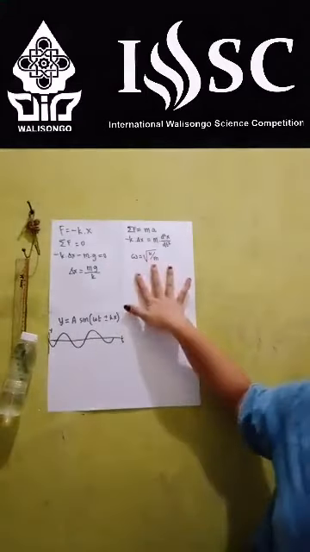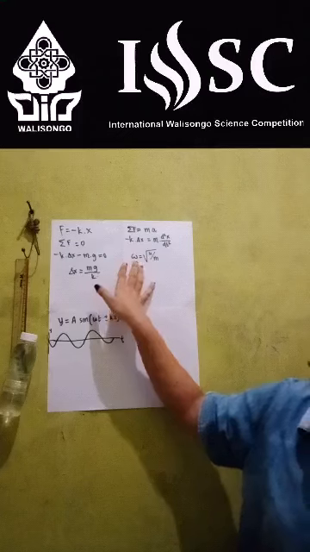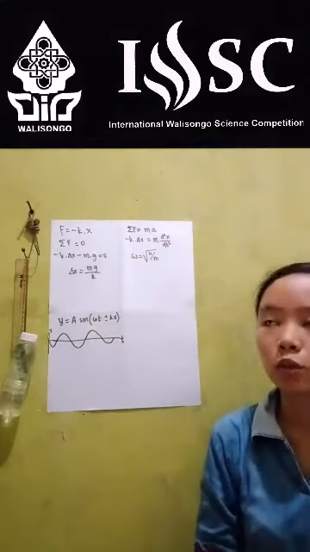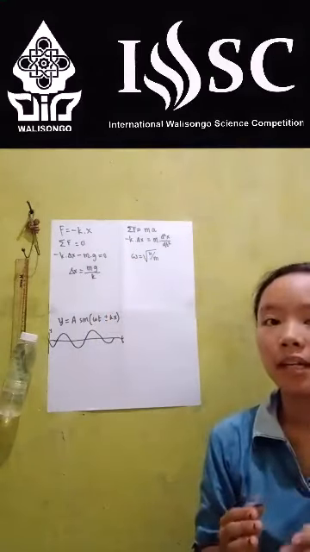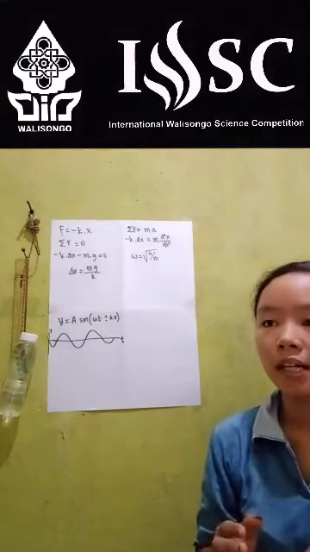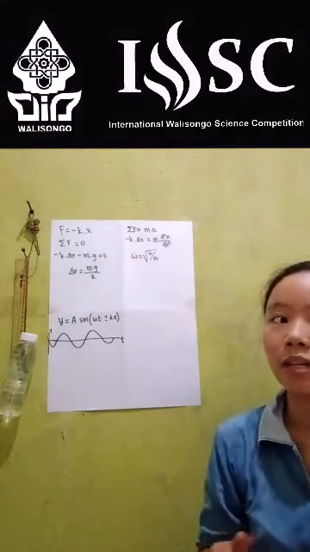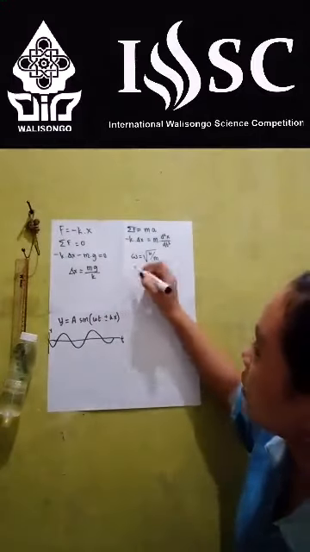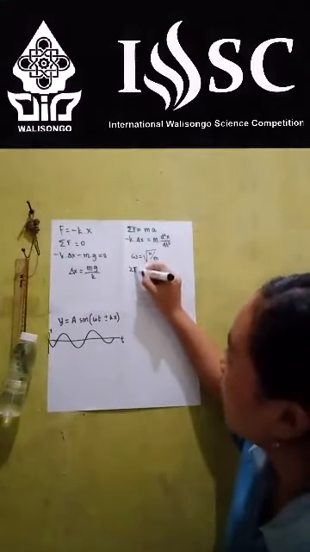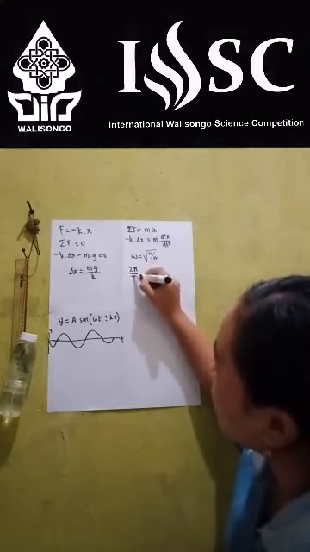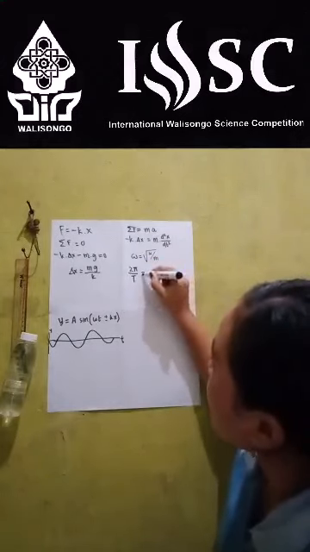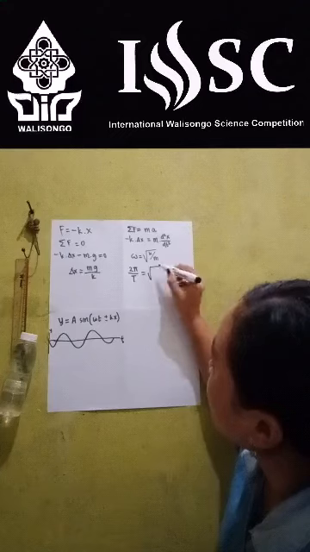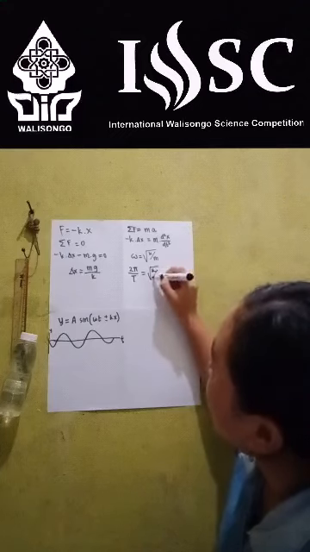From this expression, we can see that omega is equal to 2π divided by T, or divided by the period. So we can write 2π divided by the period equals root k divided by m.